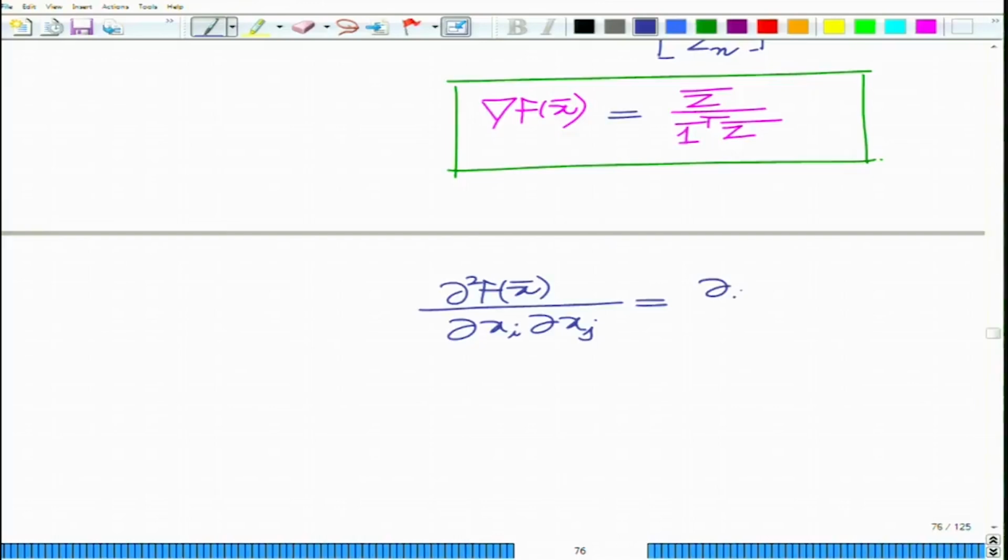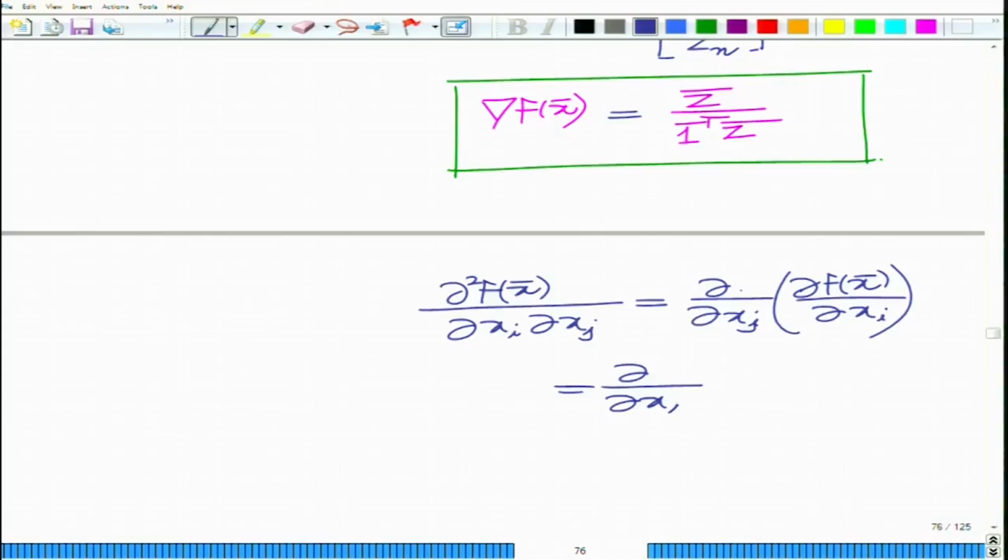This is nothing but the partial with respect to xj of the partial of f of x bar with respect to xi. What is this quantity? We know the partial with respect to xi is zi divided by 1 bar transpose z bar.